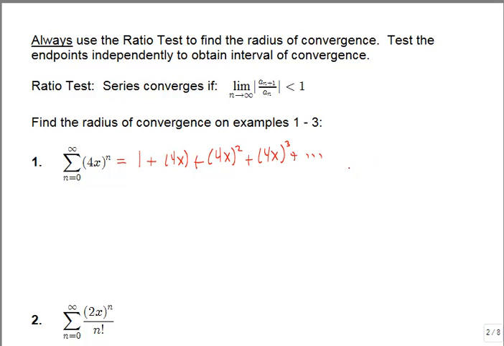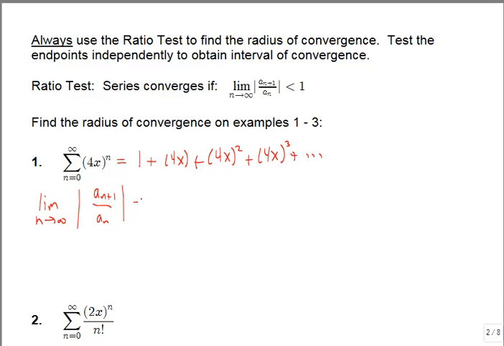Okay? So to determine what this is going to have for its radius of convergence, we're going to apply the ratio test to this series. So we're going to look at the limit as n goes to infinity of the absolute value of the nth plus 1 term over the nth term, and we want that to be less than 1 in the end.